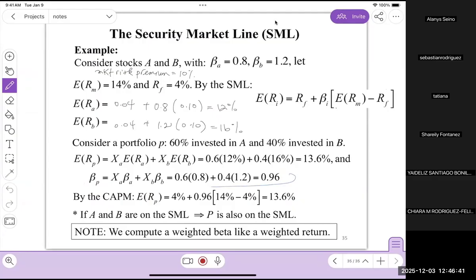So that's another way to get the answer. As I explained, there are several assumptions, and you'll see in the problems, it'll say the capital asset pricing model holds, and then you can use the line to estimate returns or measures of risk.